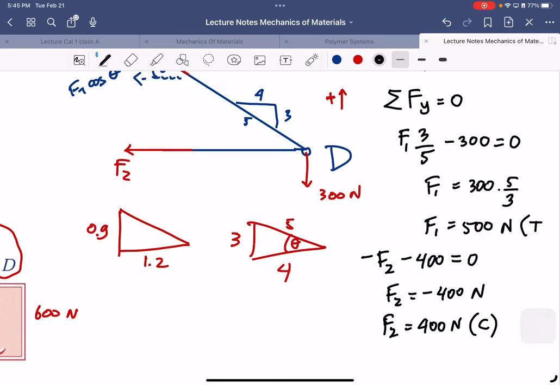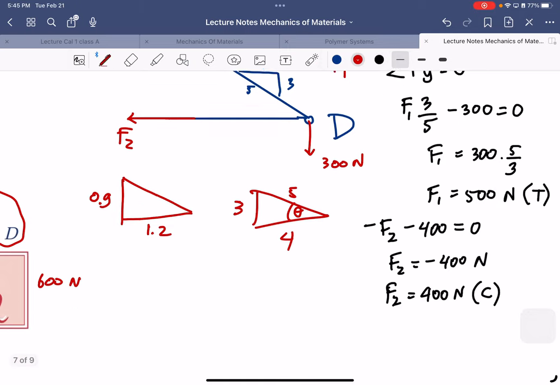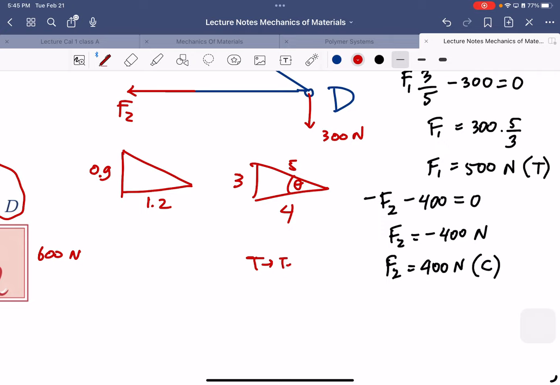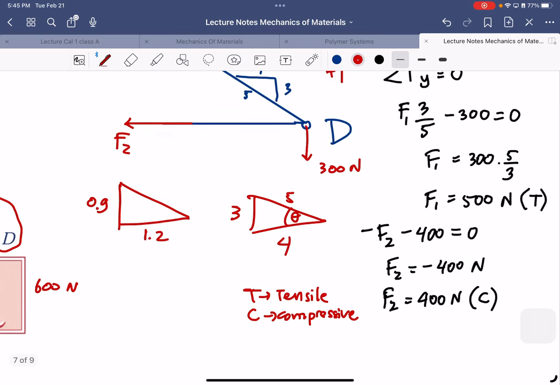So it's a tension. T is for tension, or tensile. C is for compression. Okay. But if not, then maybe you can just write negative or positive underneath that. That's also okay.